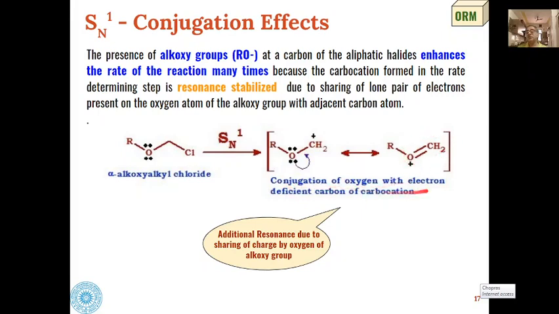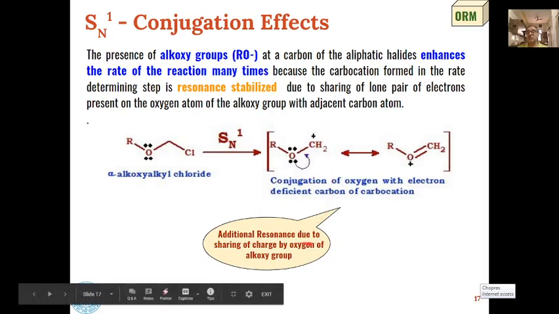And this conjugation of oxygen with the electron deficient carbon of the carbocation gives additional stability to the carbocation. And because of this additional stability due to resonance, the rate of reaction increases.